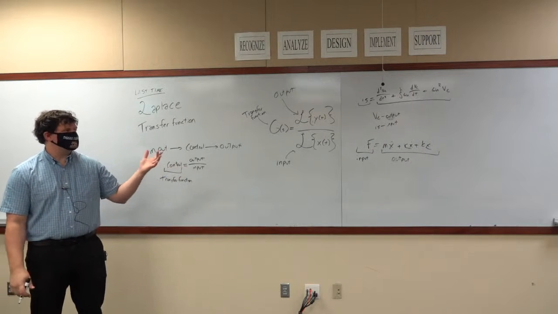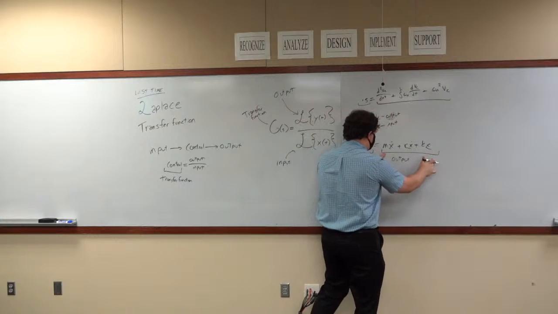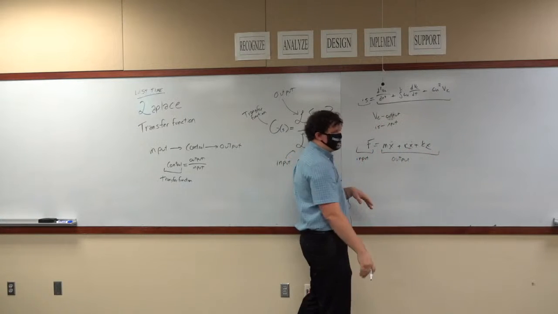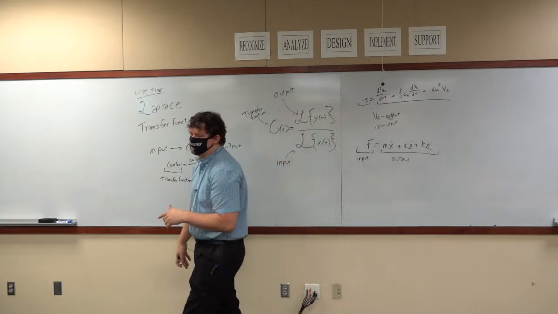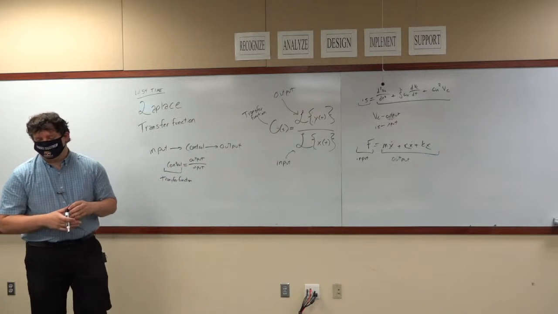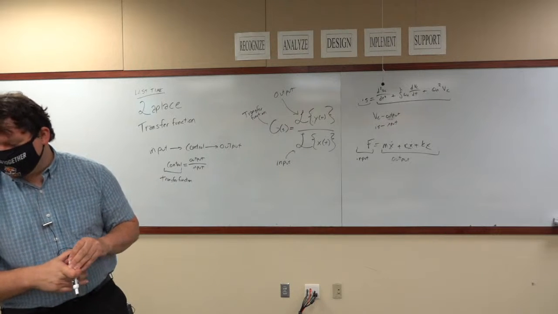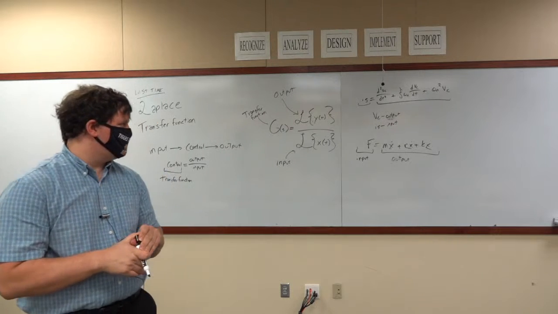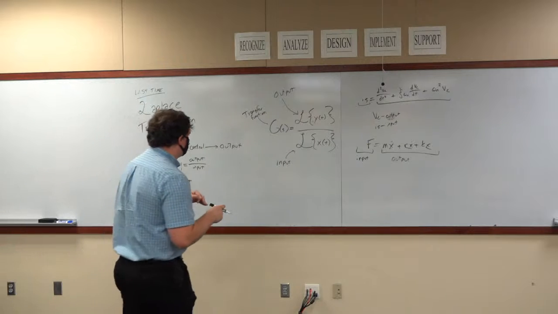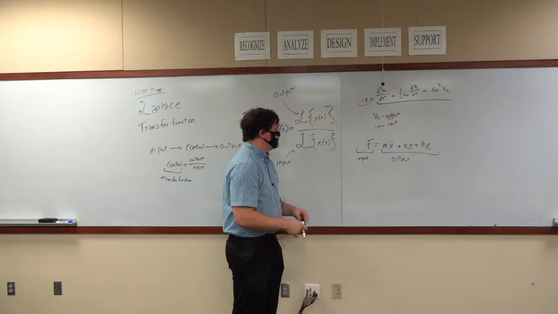So we take the Laplace transform of both sides, and we divide this side by this side. That'll give us what our transfer function is, and that'll give us some insight as to how we can learn more about this system.